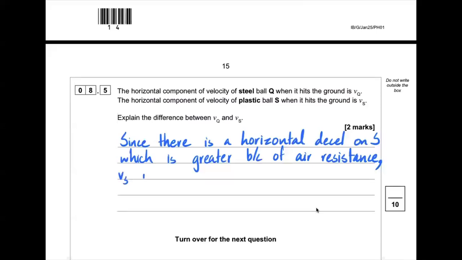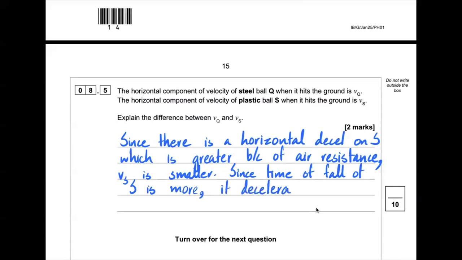VS is smaller, and this is basically because the time of fall for S is more, so it decelerates more as well, right?